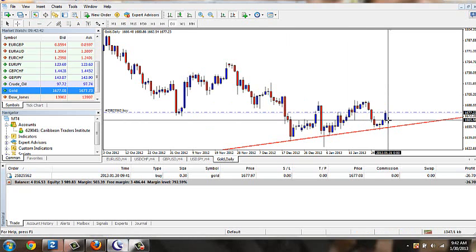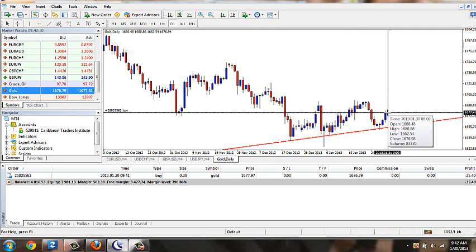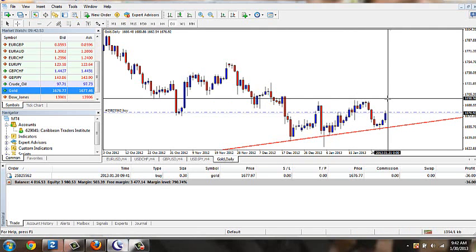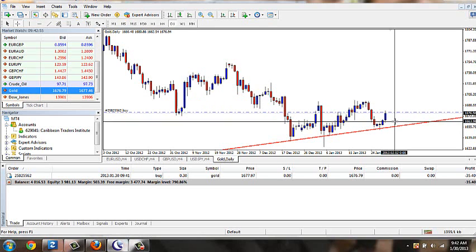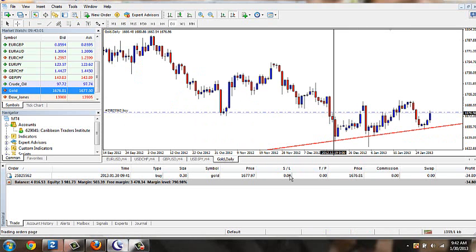We're on a daily chart, so each candle represents a day. The market opens at 1665 and through the course of the day so far, it's at 1678. So we're going to put our stop loss at the opening price, which is 1665, okay?